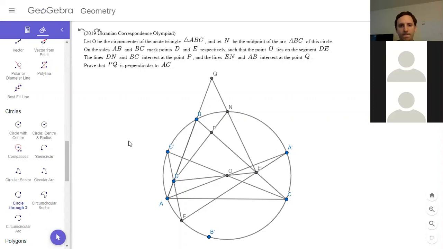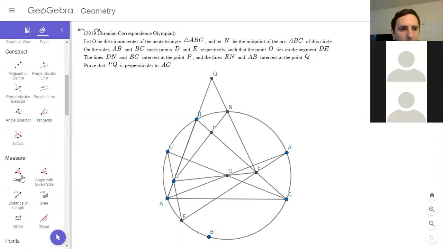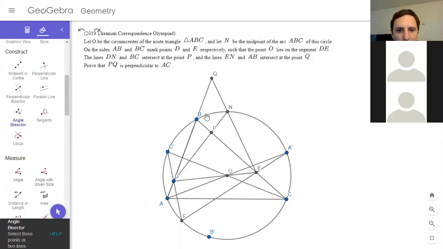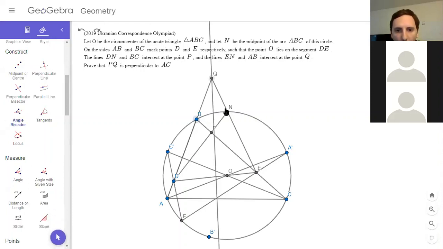Does QP bisect angle BQN? That does what? QP bisect angle BQN. Let's see. No. But let's see. We have to use that N is the midpoint of arc ABC.